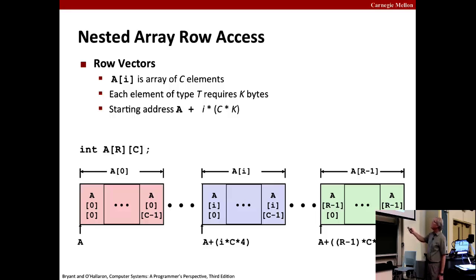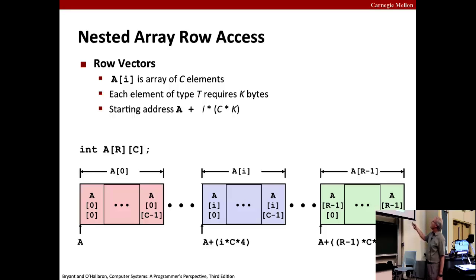So yes, this shows that I can actually just do the reference A of I. I don't have to give A of I of j in C. And what that denotes is one of these rows of the array, each of which is an array of C elements of type int.